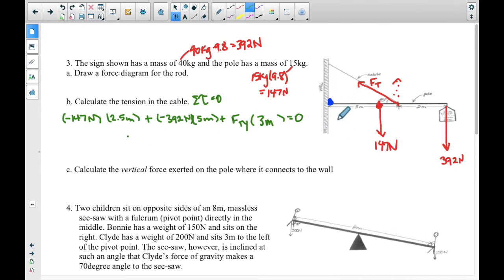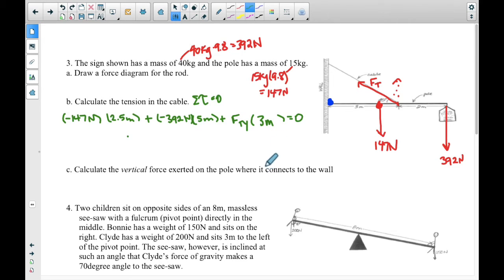My pivot point is here, where I'm naturally going to see it occurring as a pivot point. I've got the 147 newtons going downwards at halfway, 2.5 meters. I've got my 392 newtons, again acting downwards at the full distance away, which is 5 meters. And then I've got my force of tension in the y direction, and that is here. And if you look at your diagram, that is marked as being 3 meters away. So that's what that is.